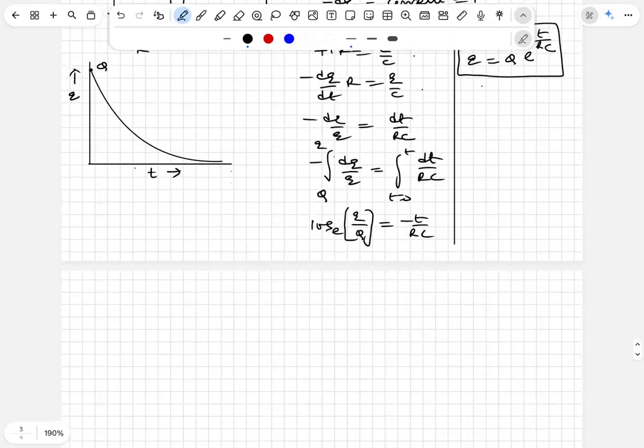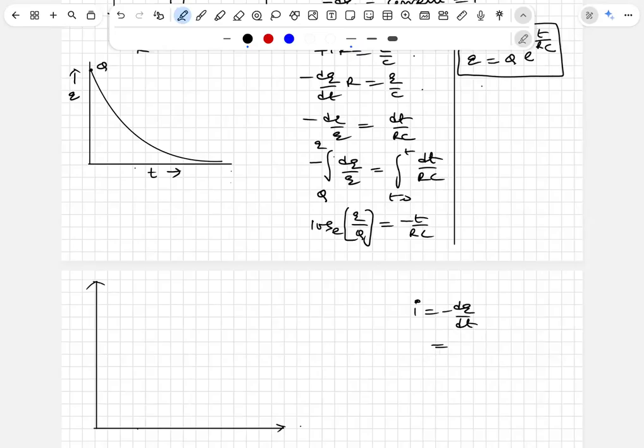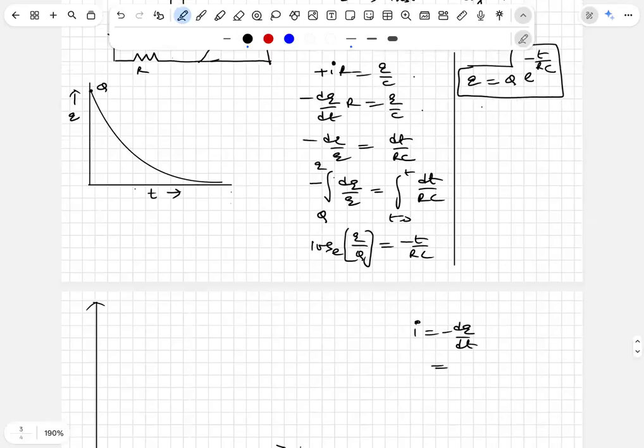And the current pattern is minus dq by dt. So what you will get? Q by RC e to the power of minus t by tau.